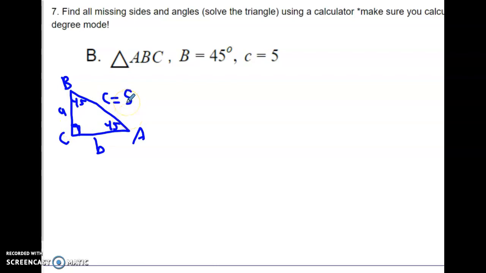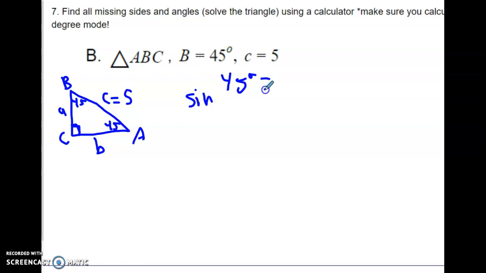I am just going to use the sine of 45. Sine is opposite over hypotenuse, so I would write the sine of 45 degrees is equal to A over 5.